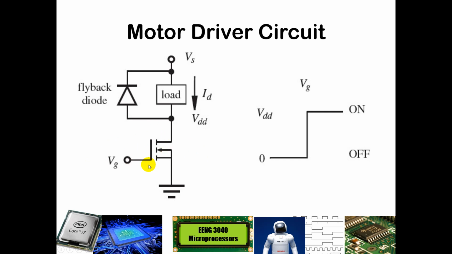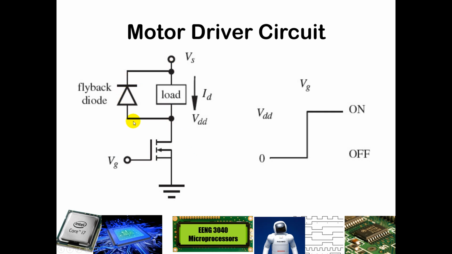This is a field effect transistor, and effectively what's happening here is as the voltage on the gate rises above a certain threshold, this transistor now behaves like a short circuit, allowing current to flow through from VSS to ground. When VG falls below a certain threshold, this transistor effectively behaves like an open circuit, meaning that there is no current flowing through the load.